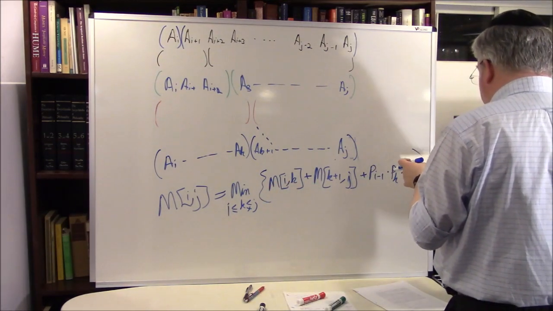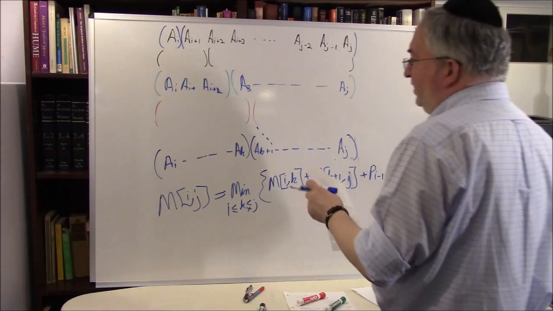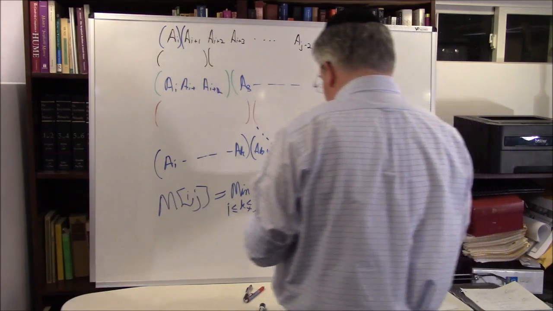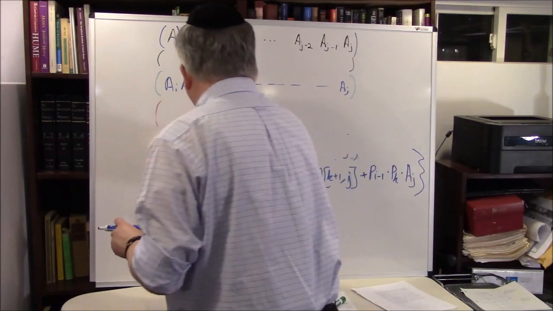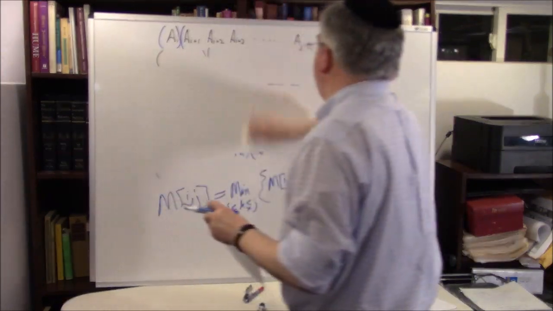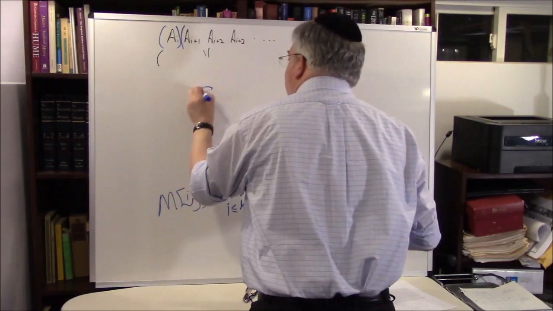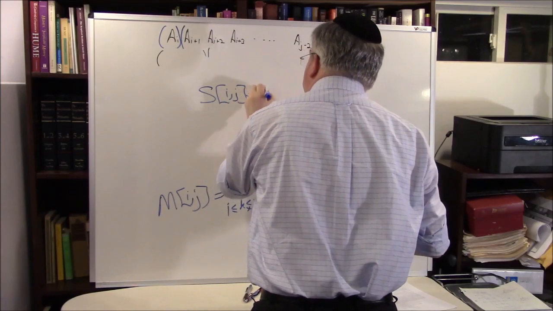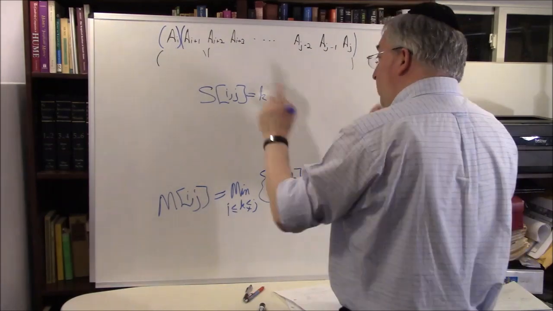Basically it's as follows. If S of i comma j is equal to k, that means where to do the blocking, where to block them off.